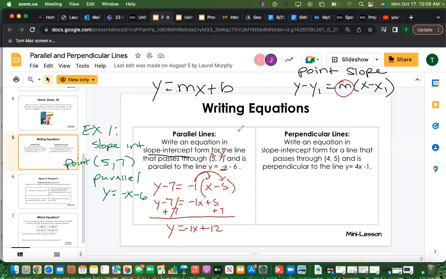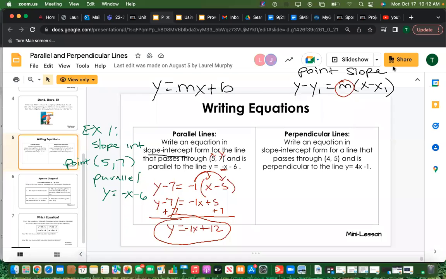Really quick, we plugged everything in. We distributed that -1. We moved the 7 to the other side. So our final answer is going to be y equals -1x plus 12. And now we're in that slope intercept form.